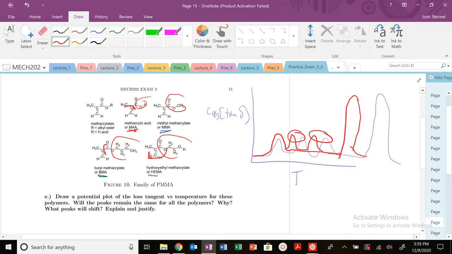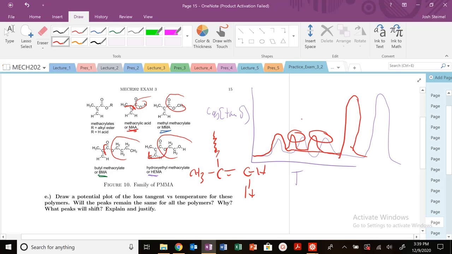So let's draw it out, or HEMA. CH3. I'm going to just do double bond C, oh, yeah, double C, H, H, and then you have this big, bulky side chain here.